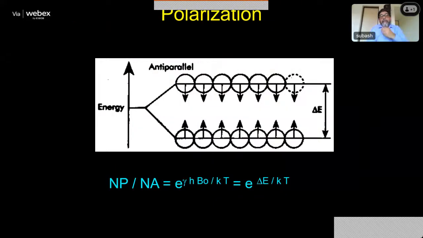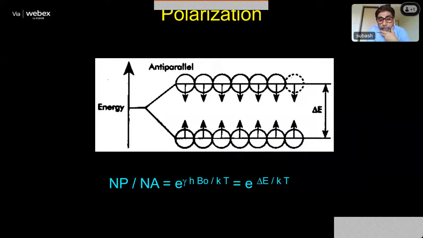This is again a familiar picture for you. This is how the polarization happens when you place a sample of NMR sensitive nuclei into a magnetic field. There's a splitting of energy levels, and some of the nuclei align with the field, and some are anti-parallel to the field. The difference in the population of the two states is just 1 or 2 or 3 in 1 million.